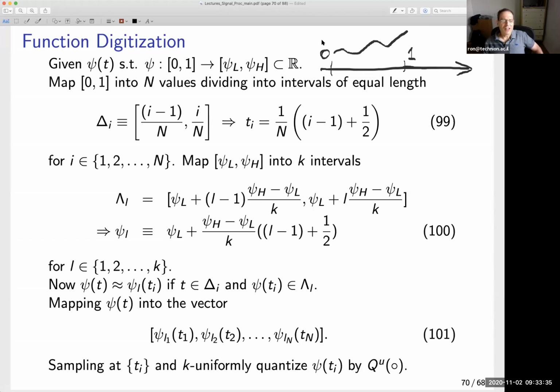The first thing that we will do is quantize the t-axis uniformly.